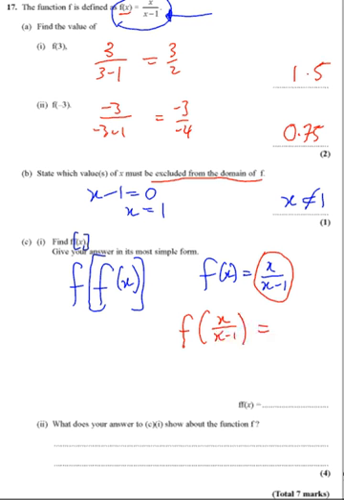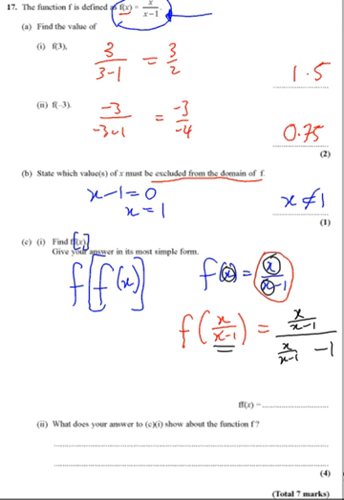Now we need to look at what happens here. f takes whatever you put in, puts it on top of a fraction, and puts the same thing minus 1 on the bottom. So if we put this into a fraction, we get the same thing on top, and on the bottom of the fraction we get that minus 1.